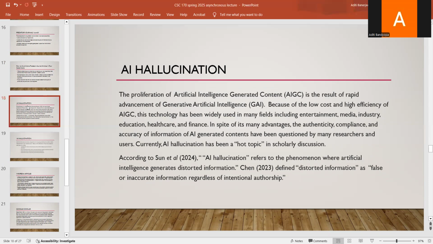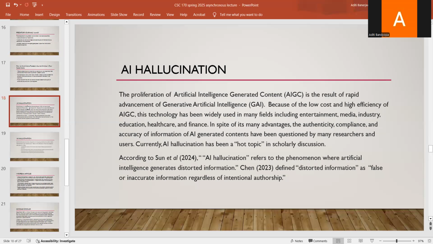Now, we will learn about AI hallucination, which is a hot topic of discussion among the scholars in all disciplines. Due to the rapid advancement of generative artificial intelligence or GAI, we are experiencing the proliferation of artificial intelligence generated contents or AIGC.